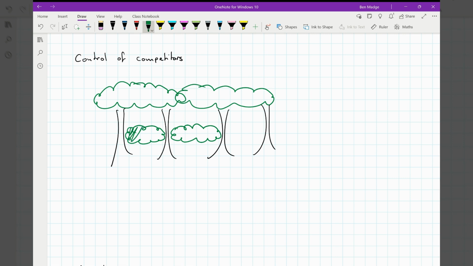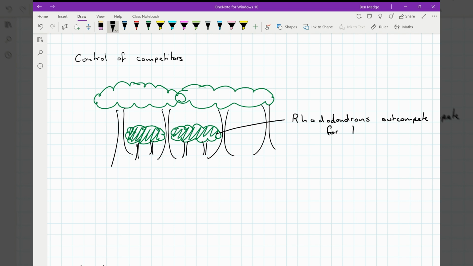Because it's evergreen, it blocks out all of the light that would otherwise penetrate down to the forest floor, and this means that it outcompetes bluebells. So they outcompete them for light.